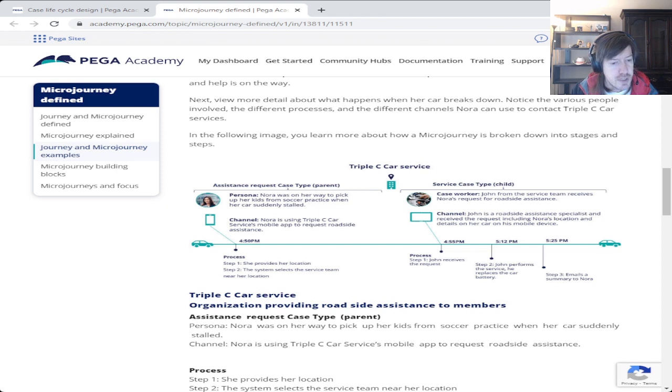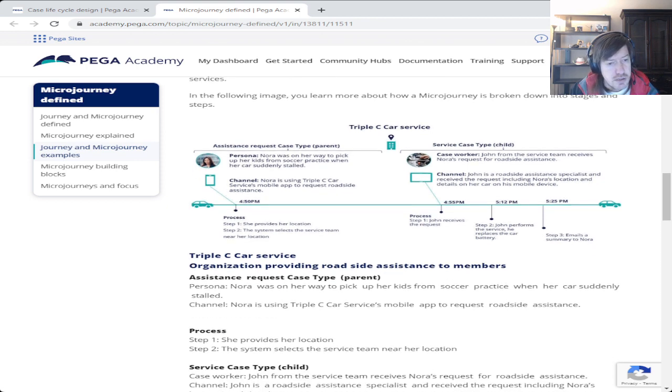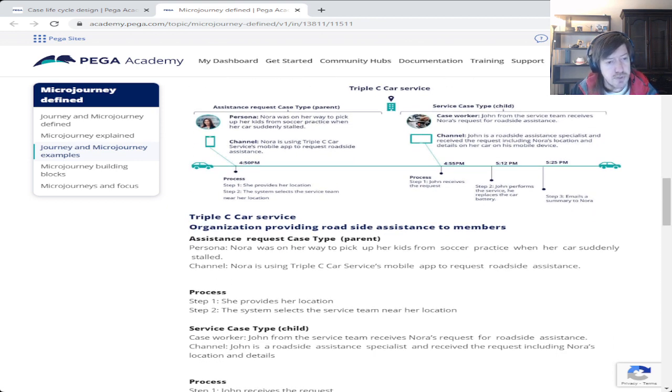So, process step one, she provides her location. Step two, the system selects the service team near her location. Okay.